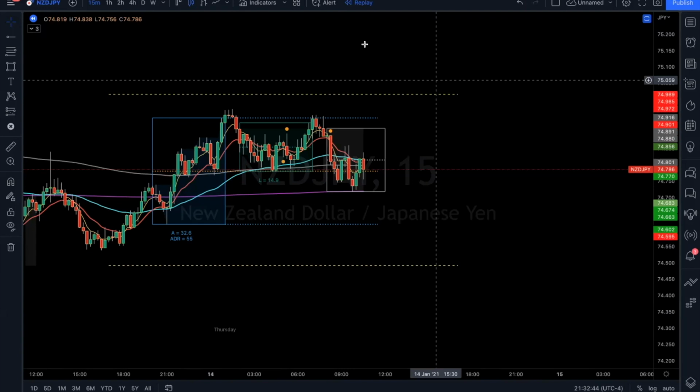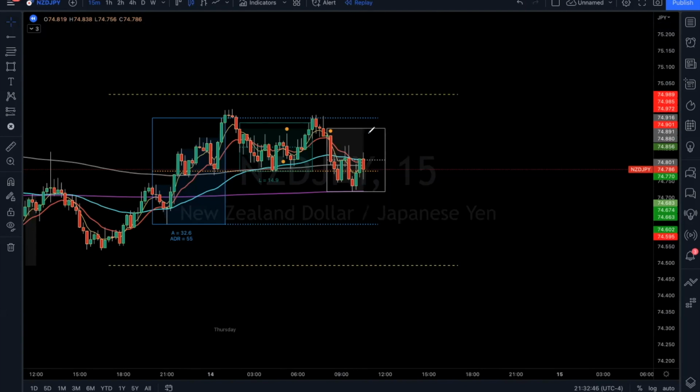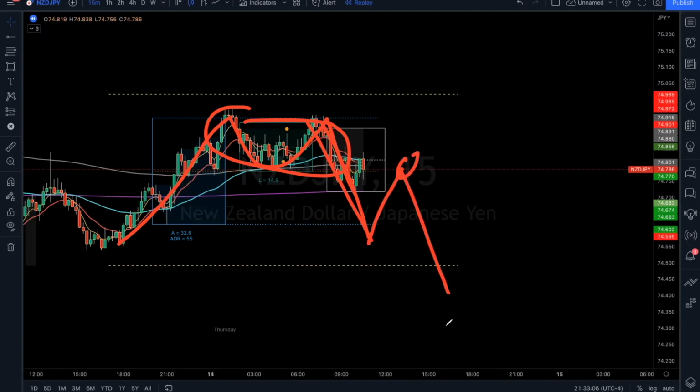Well, the problem for me on a continuation trade is if I'm looking for a continuation to continue this down, like this move here, this whole M here really should have been deeper, and then the pullback is what makes this a continuation trade, right?